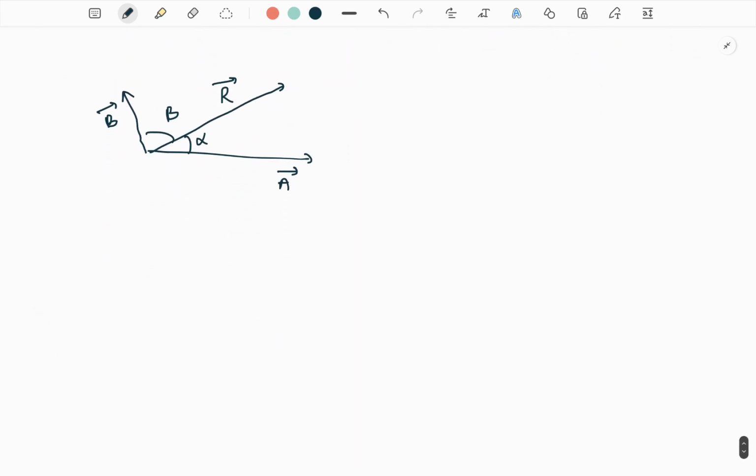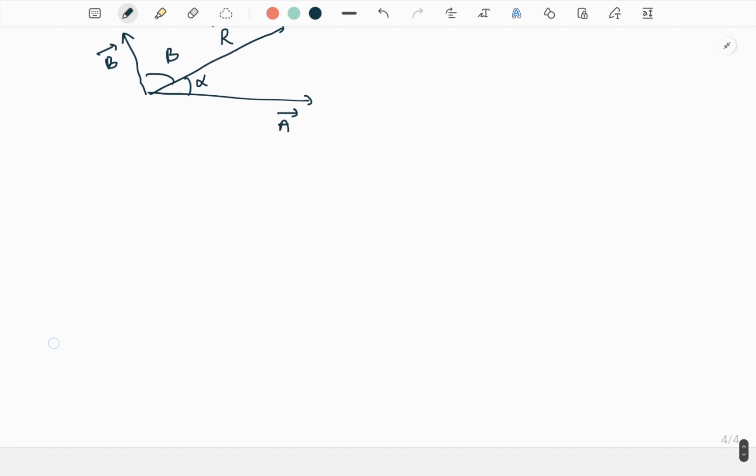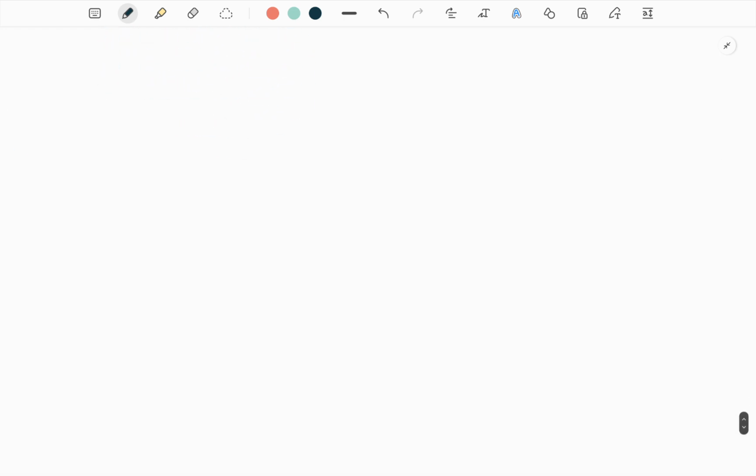Then let's discuss a little bit about the product of vectors. We'll be discussing two products, one is the dot product and the other is the cross product, and how to calculate the product, and also what specific kind of problems they can ask you related to these products. First, coming to the dot product.